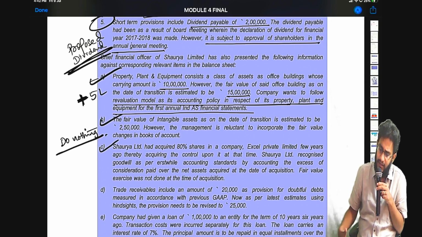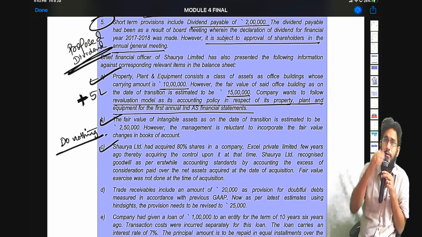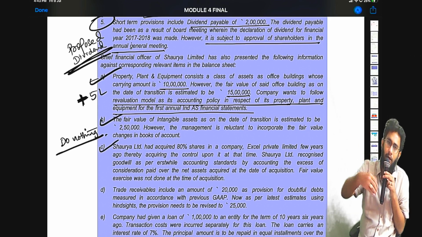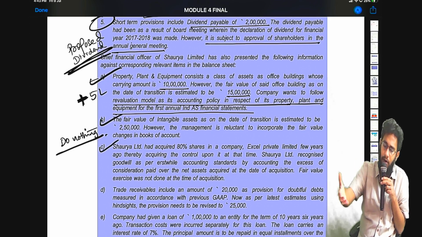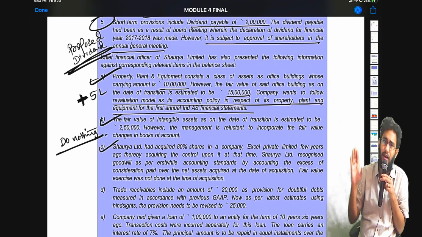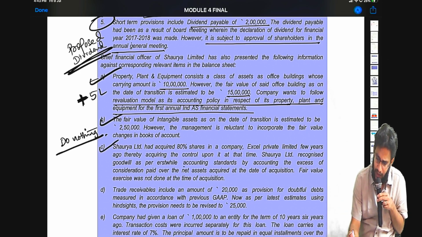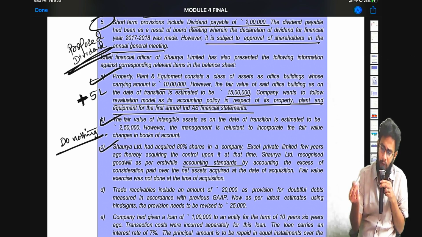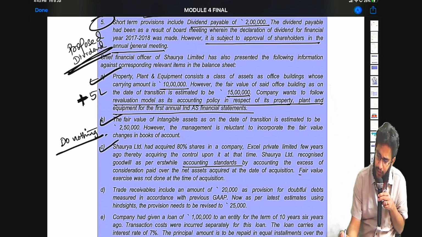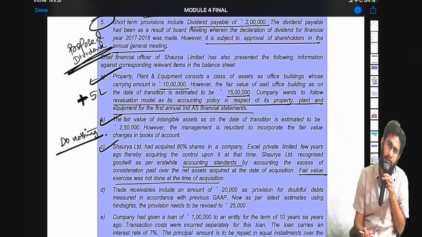Fair value exercise was not done at the time of acquisition. That means earlier, when acquisition happened, accounting was done as per previous GAAP, and fair valuation was not done.